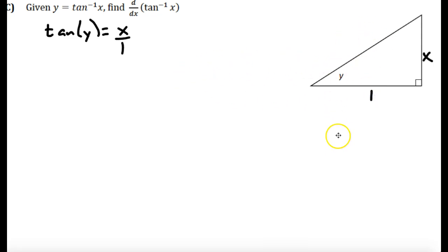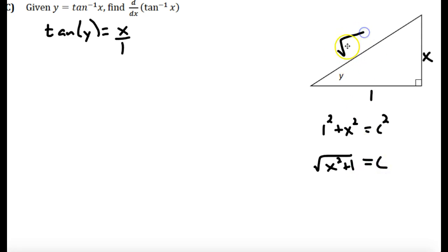If I wanted to solve for this missing side, we would say 1 squared plus x squared equals c squared. So here we end up with 1 plus x squared, or x squared plus 1. It doesn't really matter which way we write this. Then I'm just going to take the square root of both sides to get c by itself, and I will end up with the square root of x squared plus 1 equals c. So this side here is the square root of x squared plus 1.